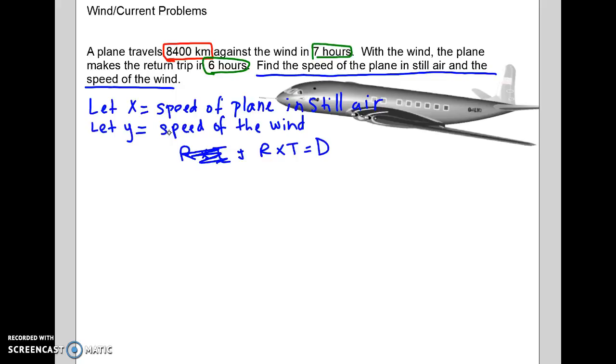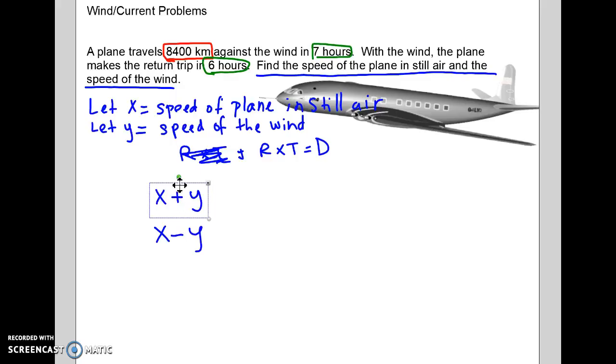So our rate is going to be x plus y. So this is the speed of the plane in still air plus the speed of the wind. So we're adding in the speed of the wind. And then we have x minus y, which is the speed of the plane, taking away the speed of the wind. So one of them takes into account the wind because the wind is helping it.